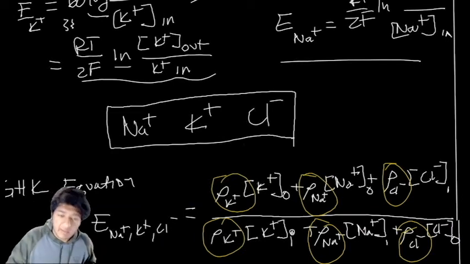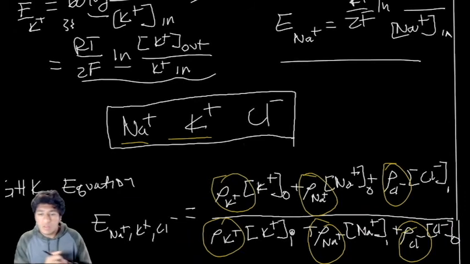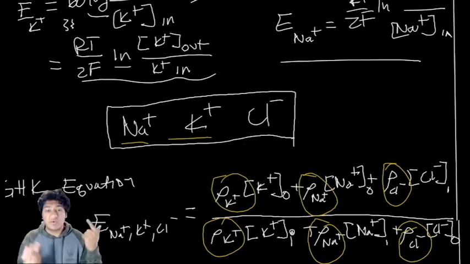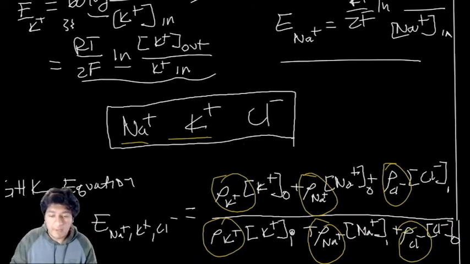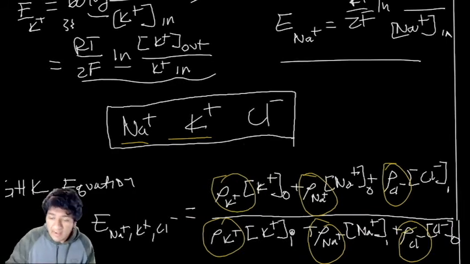Mainly we talk about sodium and potassium, especially with the sodium-potassium pump. But let's say the membrane is absolutely not permeable to chlorine, or to sodium. In that case, the permeability constant would be 0.